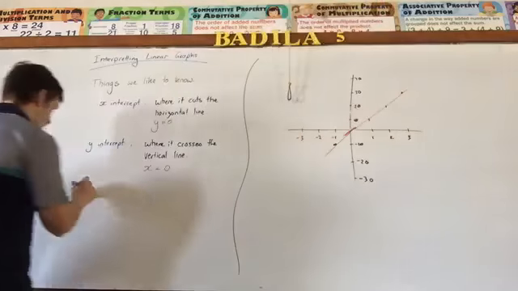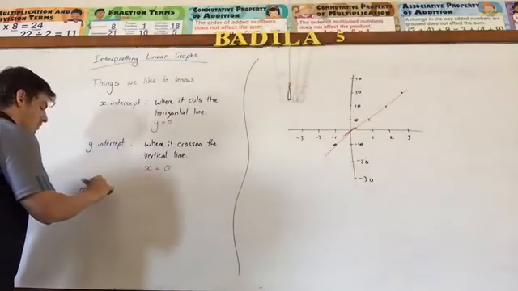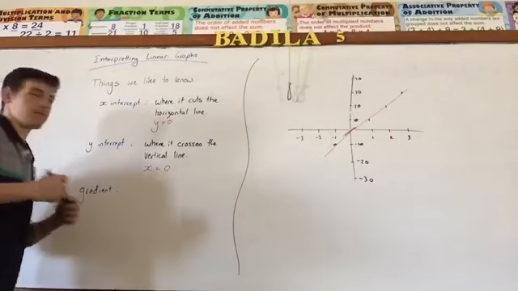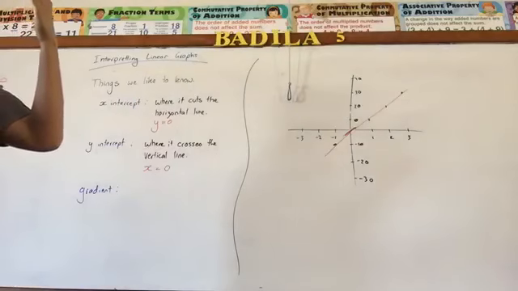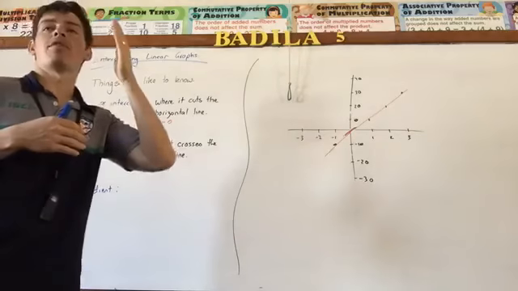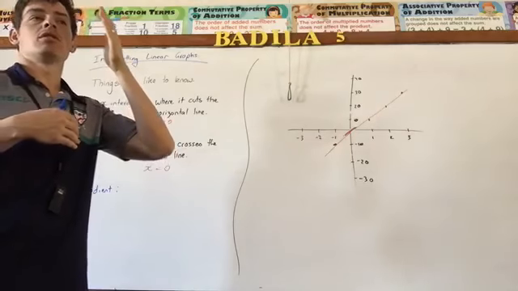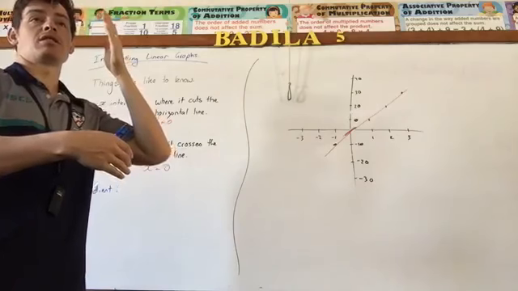So what's the gradient in layman's terms? How much does Y go up? What's Y? Henry's money. How much does Henry's money go up every time he works? An hour. Does that make sense?